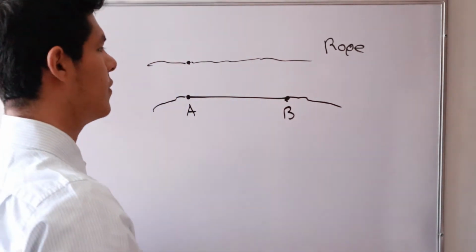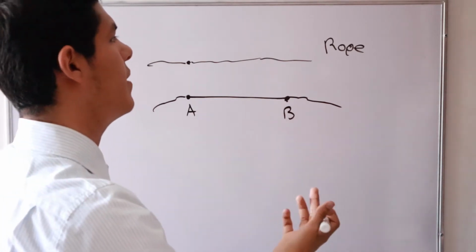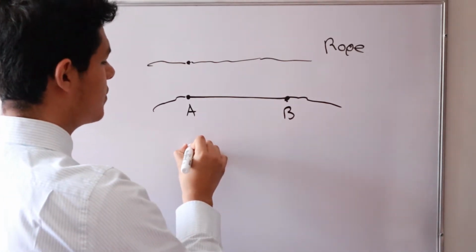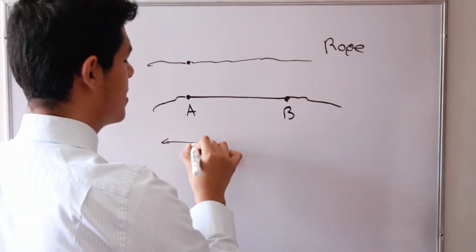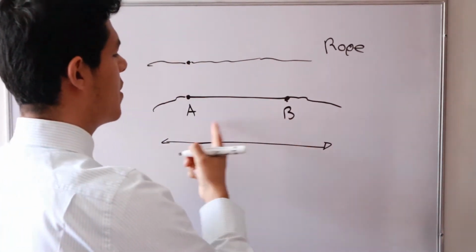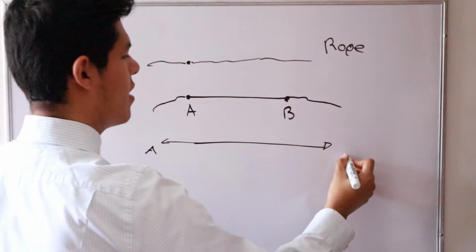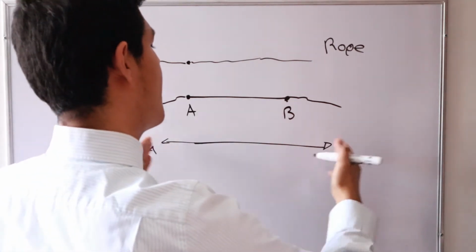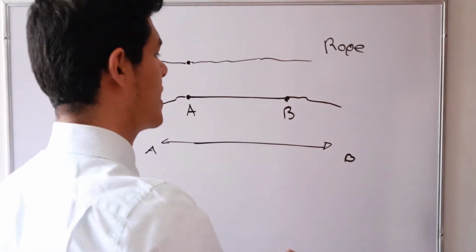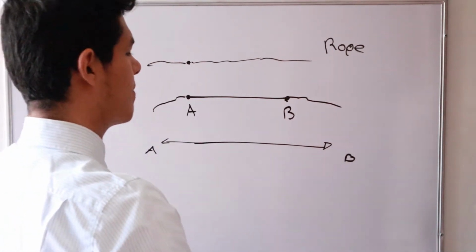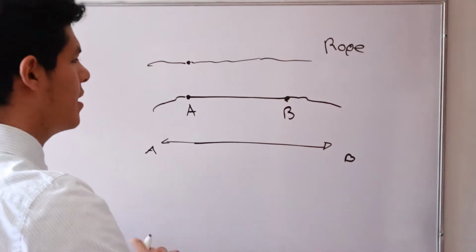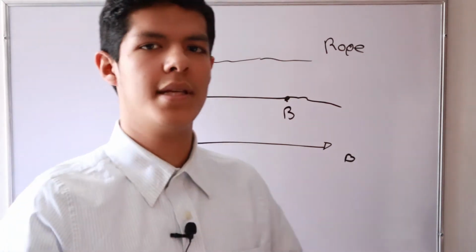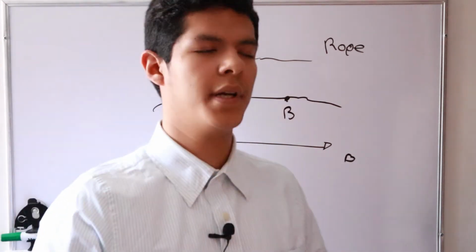So with this, we can define a line as we can extend the points A and B forever, in two directions. So this would be a line, and a notion of a line would be a convention.